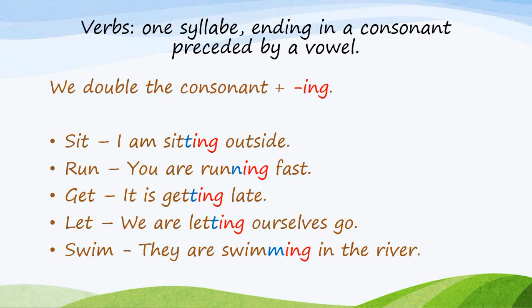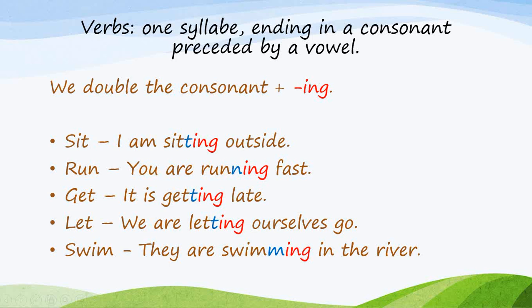For verbs with one syllable ending in a consonant and preceded by a vowel, we have to double the consonant and we have to add the ending ing. For example, with the verb sit. I am sitting outside.